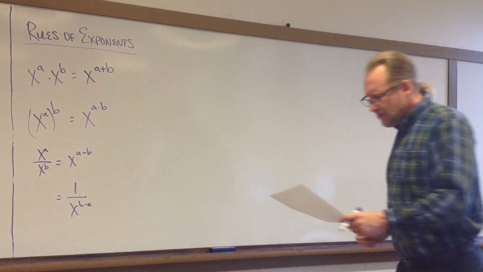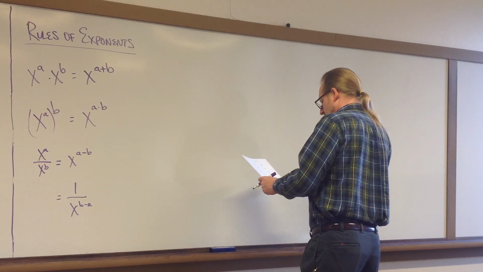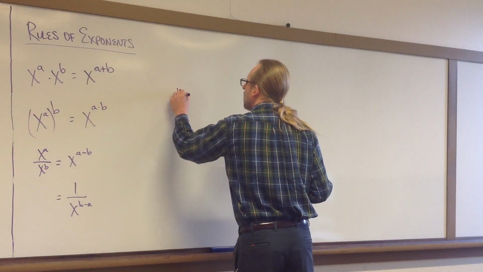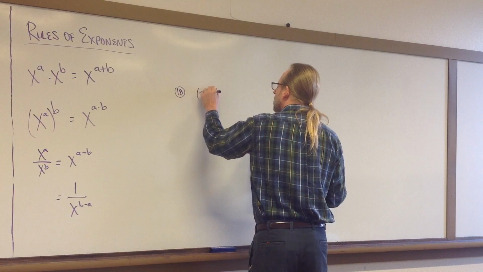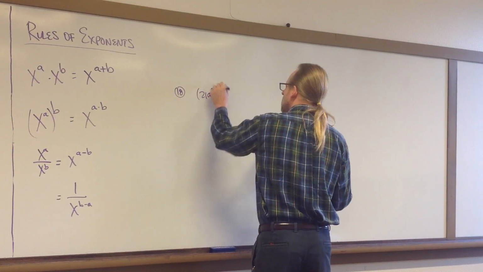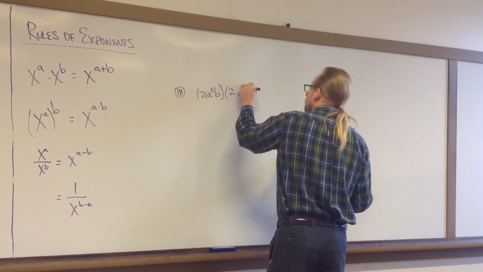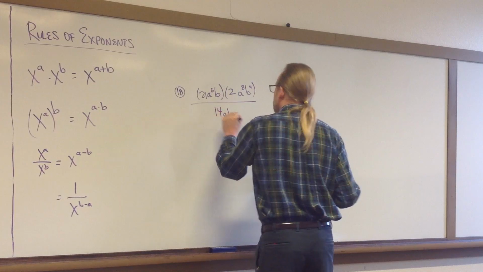Okay, problem 18 and 20 are actually both like problem 16. So let's go ahead and take a look at those. 18, 21, a to the 5th b, 2, a to the 8th, b to the 4th, and on the bottom, 14ab.